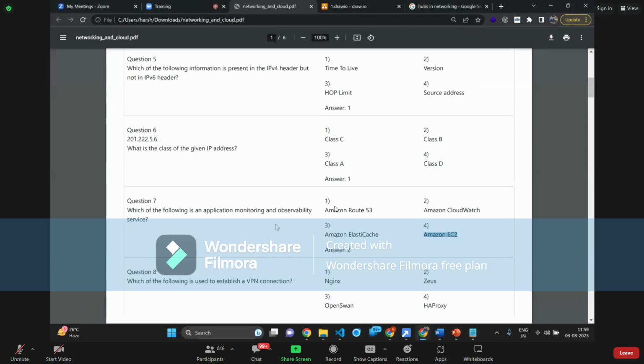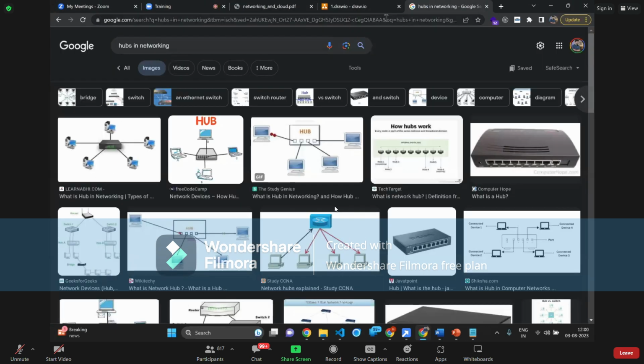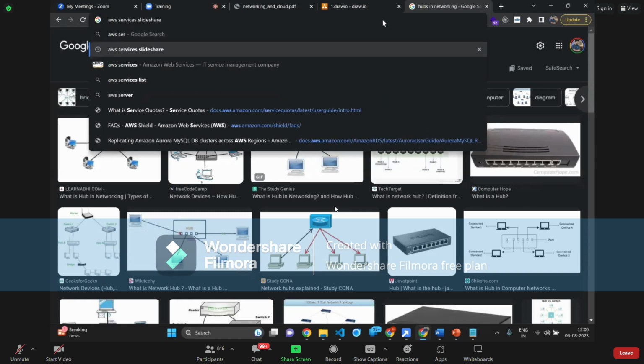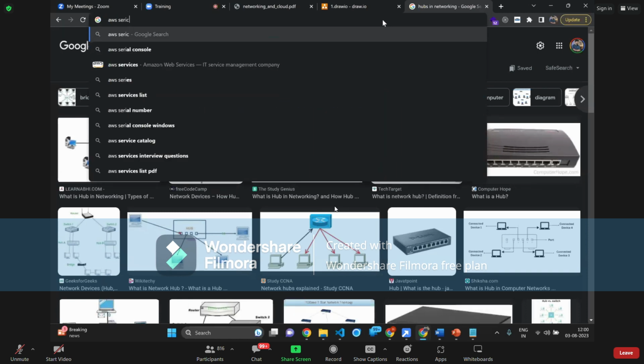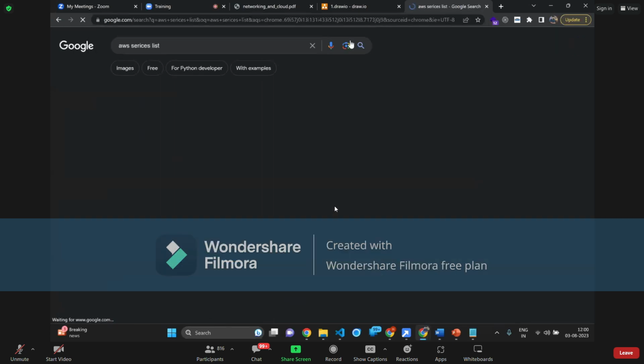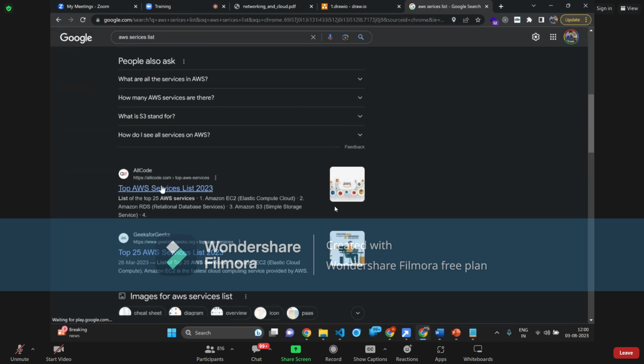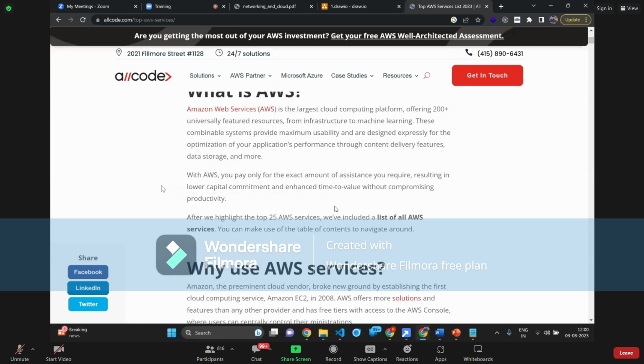So what happens is, which service is mapped for what is where people might get a bit confused. That is why you can simply go to AWS services, and just have an understanding as to what different services do.